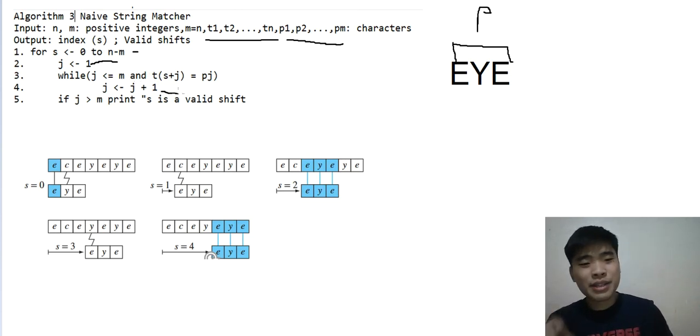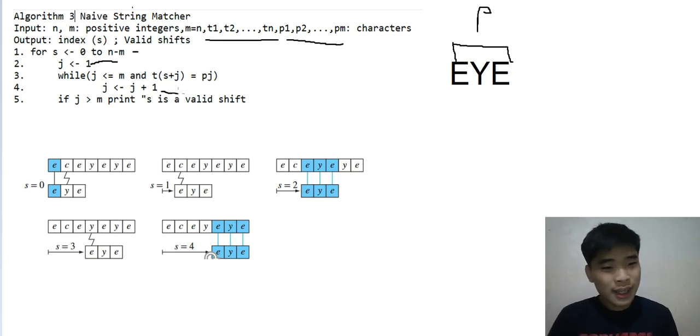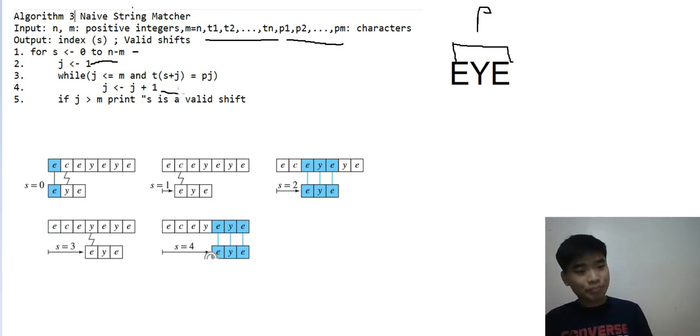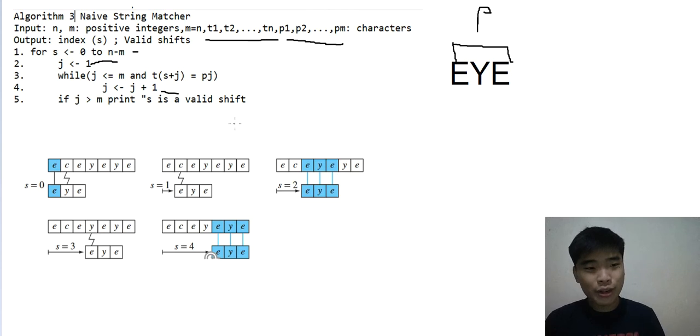And T[s plus j] is what? S plus j is the current letter we are looking at. So the letter we are placed at now, we compare it to the letter of the pattern we are looking for.